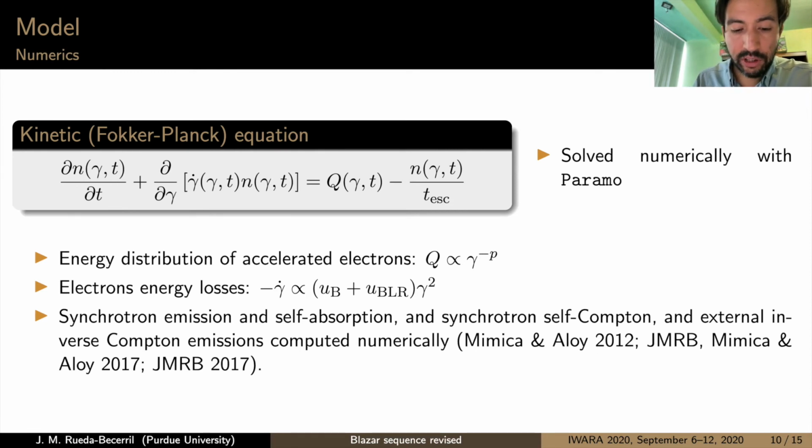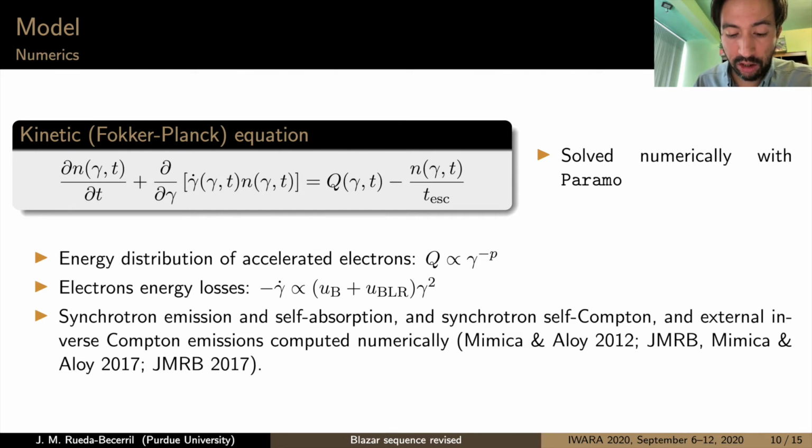In this model, we are going to take, in the emission region, the electrons that are going to be injected into the system, and we are going to evolve them. Their evolution is going to be given by the kinetic equation here, and this is going to be solved numerically. The injected distribution of electrons is going to be a power law.